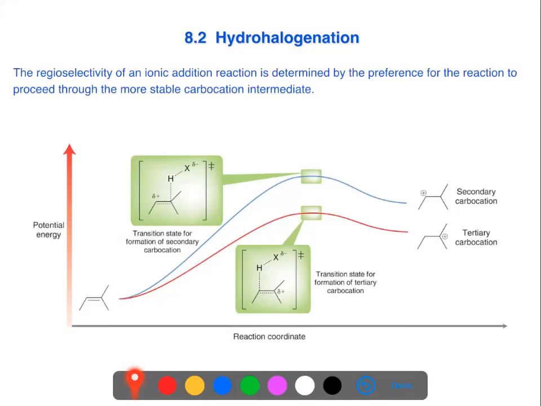And so this gives rise to a lower energy, and therefore this will be the most likely path by which this reaction will proceed, giving you the tertiary carbocation as the intermediate and not the higher energy secondary carbocation. So again, the stability of the intermediate is key for the regioselectivity of this reaction.